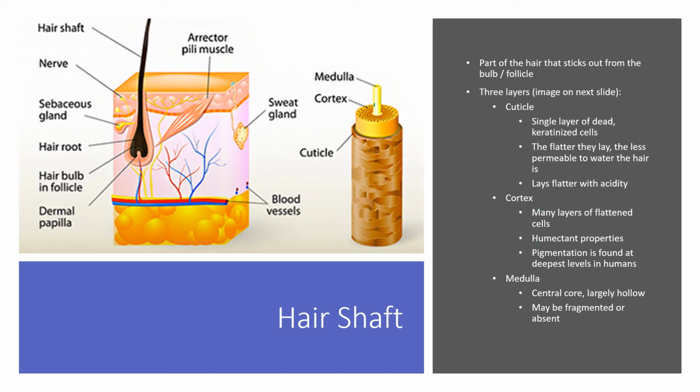Products that help keep your hair from getting frizzy generally add a coating to the outside of your hair to keep your cuticle from sticking out. Acidity is important when we think about shampoos and conditioners. Cleansing agents, detergents, shampoos, soaps are basic in nature at least a little bit.